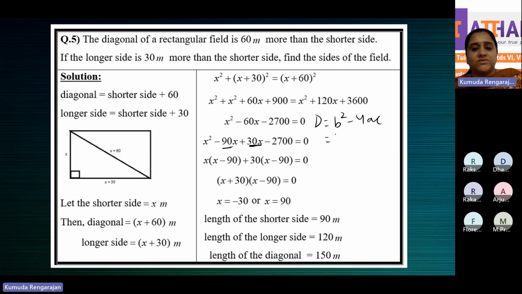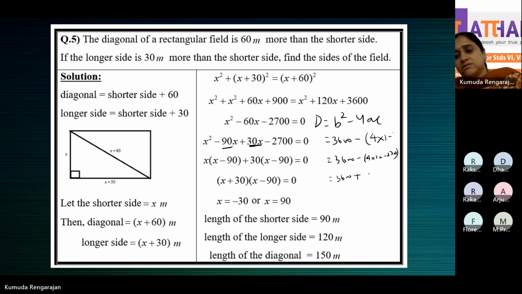So B square minus 4AC. B square is minus 60 the whole square, 3600, minus 4 into A into C, 4 into 1 into minus 2700. 3600 minus 4 into 1 into minus 2700. That will be 3600 plus 4 times 2700, which is 10800.